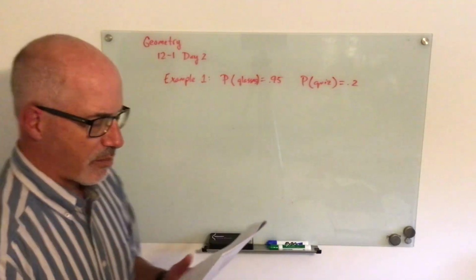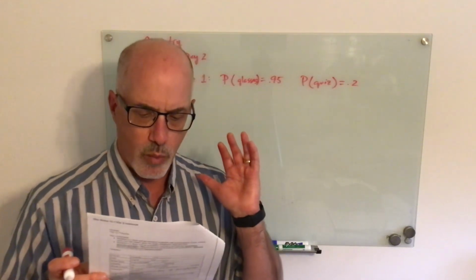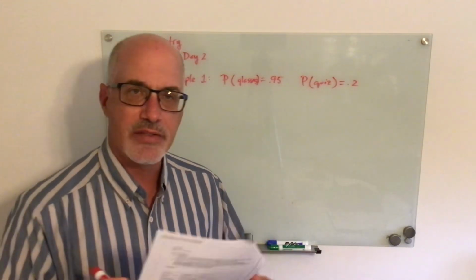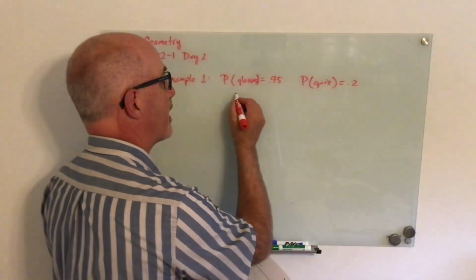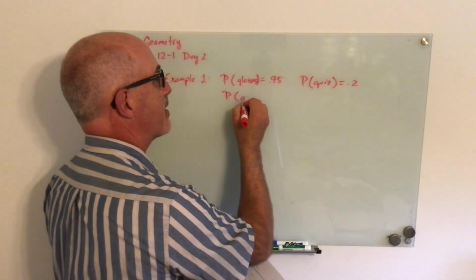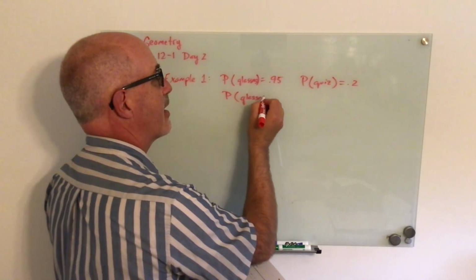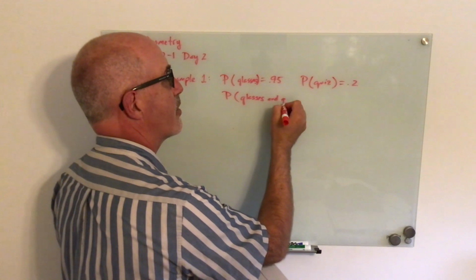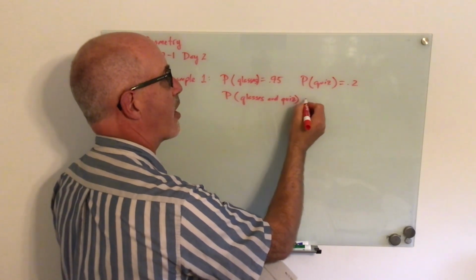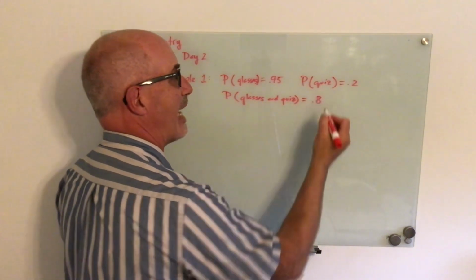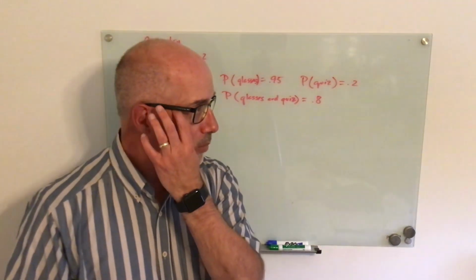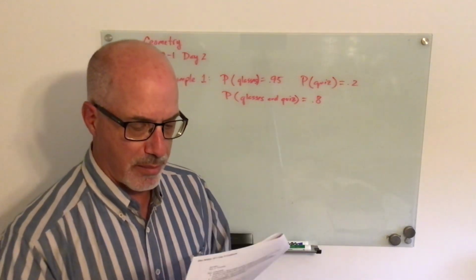So let's see what the probability is that Mr. Wieringa wears his glasses and gives his quiz. We know that for both glasses and quiz, that probability is 0.8. Through observation, we figured out that that's the probability.